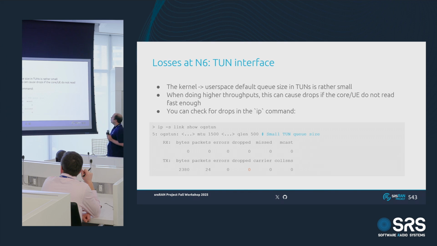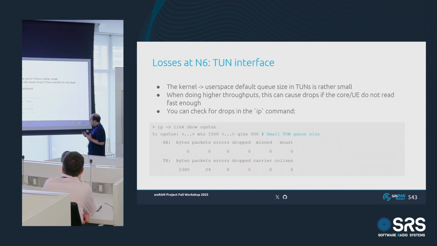in separate issues. So one thing is the TUN interface. Some cores, and some software UEs as well, implement their interface as a TUN. The default queue size parameter of the TUN is not that big, 500 packets.